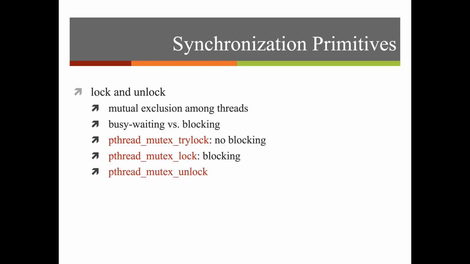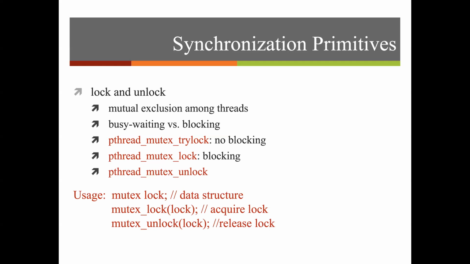And we can have appropriate calls to unlock the thread too. The usage, typically, is that you'll have a mutex lock, which will represent a data structure, mutex lock, which is used to acquire a lock, and then mutex unlock, which is used to release it.